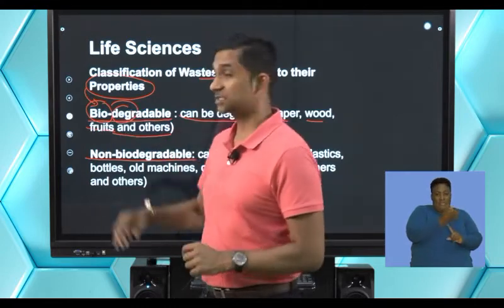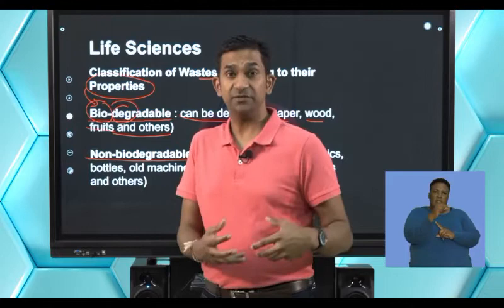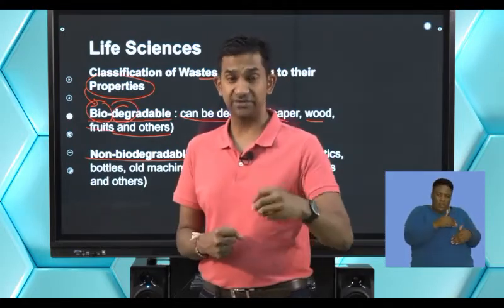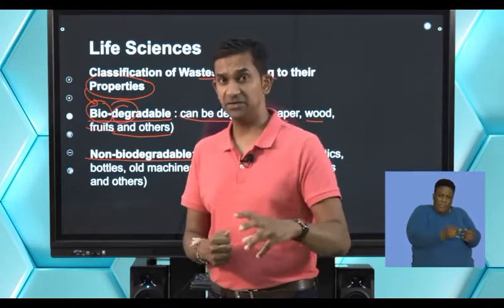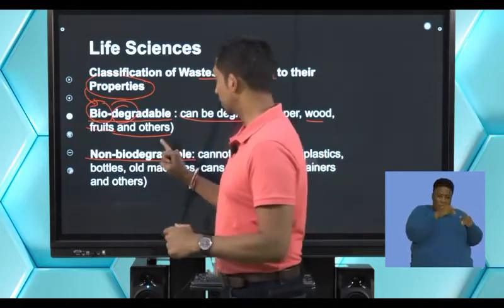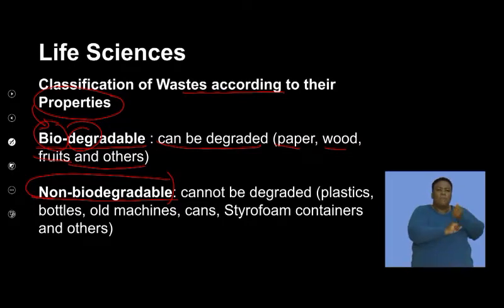We refer to them as biodegradable, in the sense that if you place these into the soil, they will undergo a gradual process of degradation and be broken up by the microorganisms, by the bacteria, and by some of the invertebrates that live in the soil. We also know that some of the waste that we release into the environment is non-biodegradable. So these cannot be degraded.